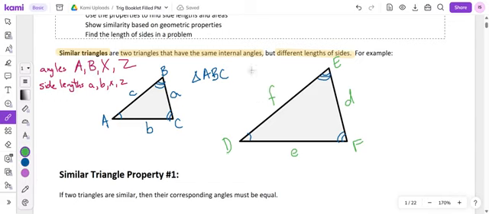On the other side of the sign, whatever it is, I'm going to write triangle. Now, here is the tricky part. You have to match up the angles. So what's the same as A? D. After A is B. So what's the same as B? E. What's the same as C? F. Right? So the letters have to correspond.